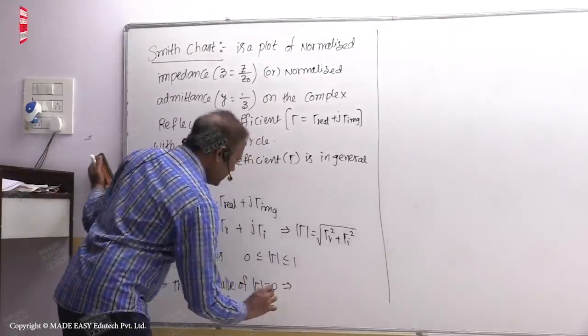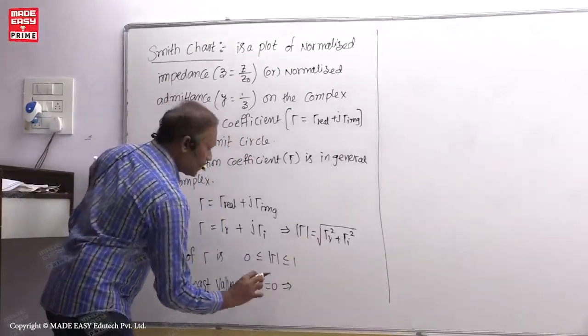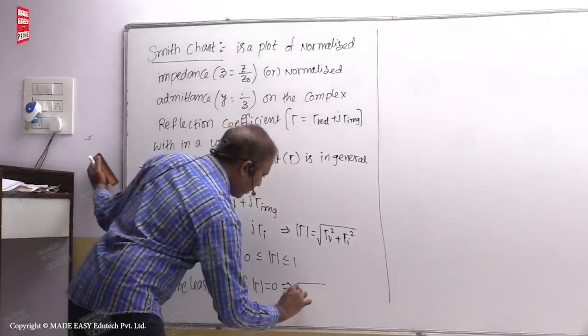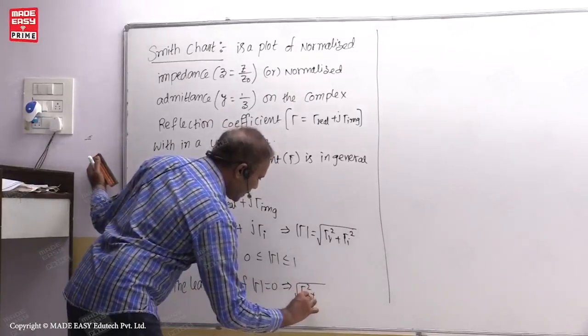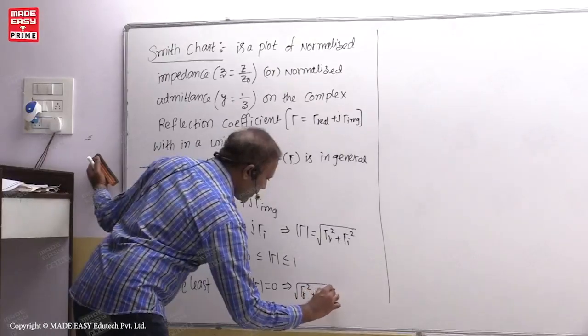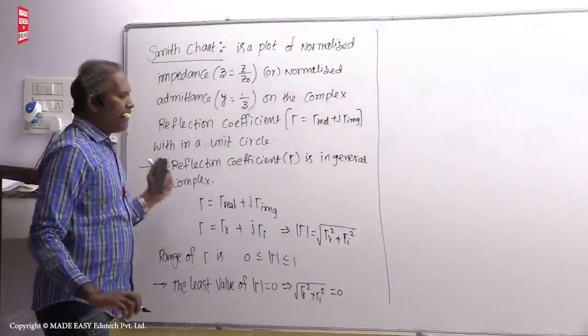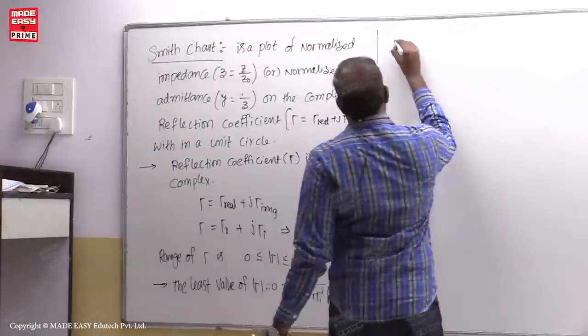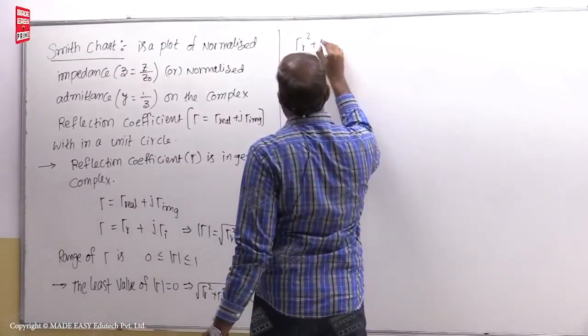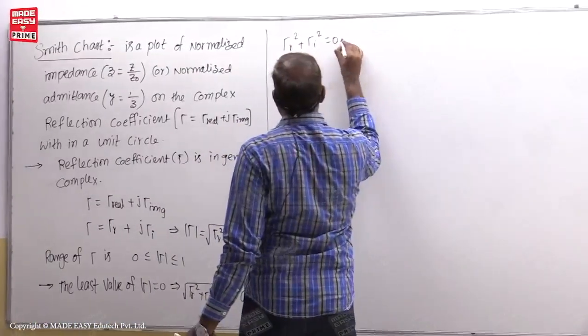That implies mod gamma is nothing but root of gamma r square plus gamma I square is equal to 0. From this we got gamma r square plus gamma I square equal to 0.